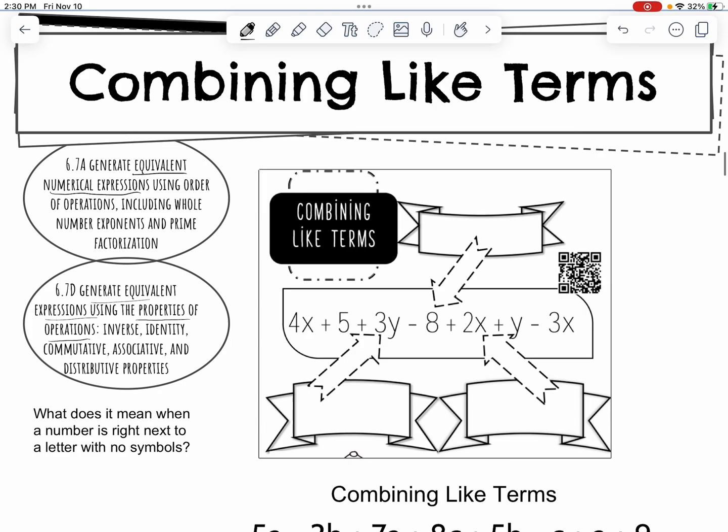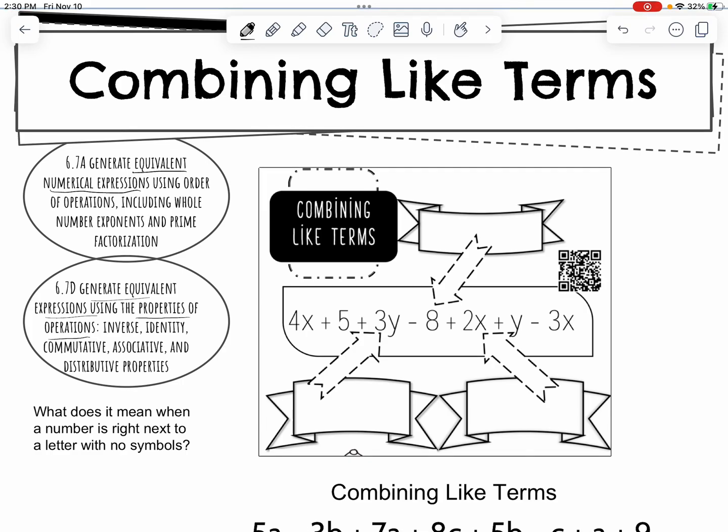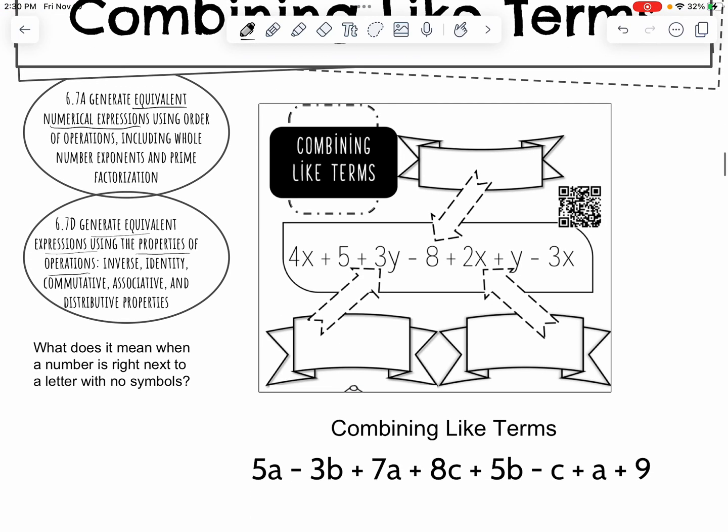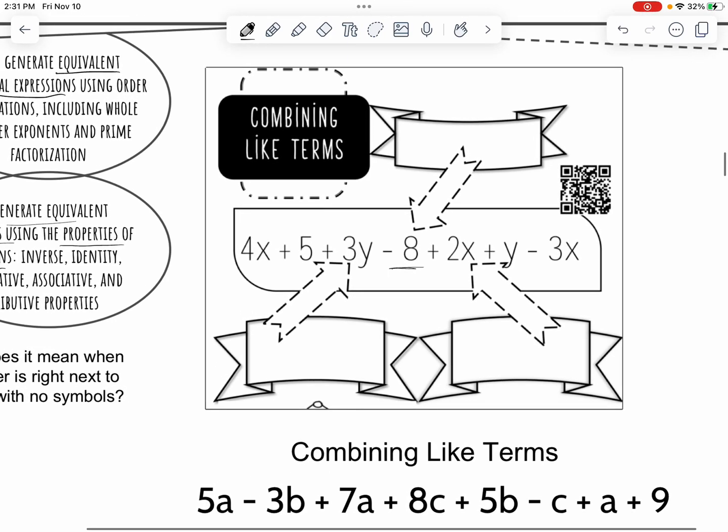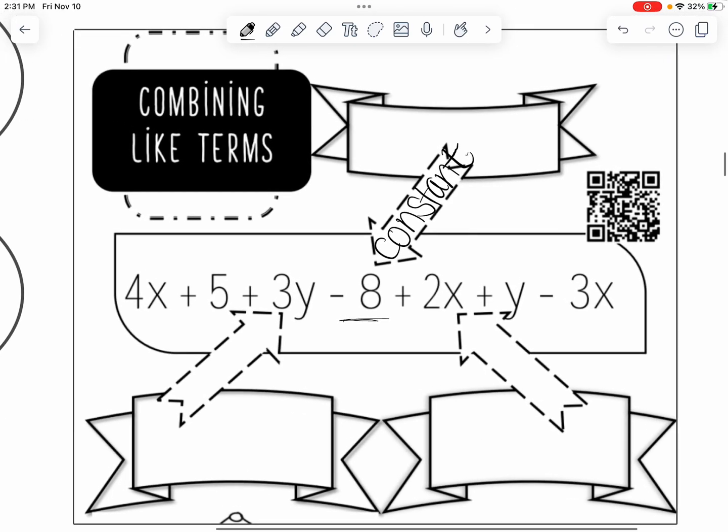When we are combining like terms or generating equivalent expressions, we need to know that when there is a number in an expression by itself, we call that a constant. So a constant in math, okay, not a constant in English, but a constant in math, is a number by itself.